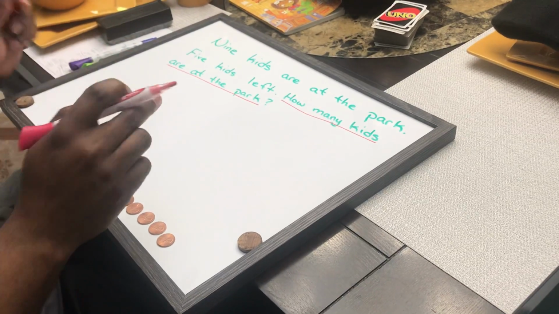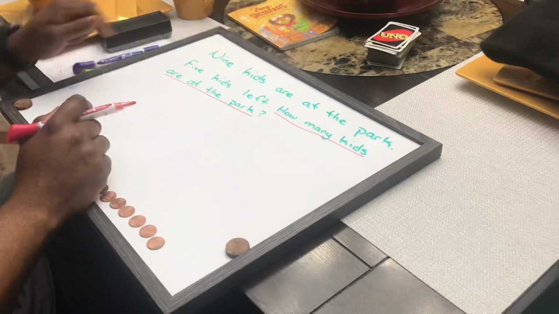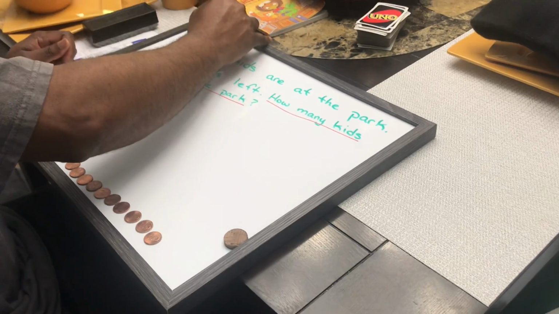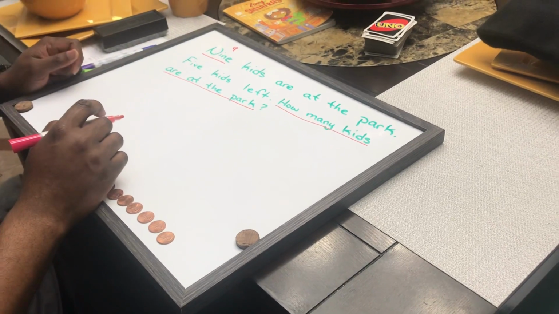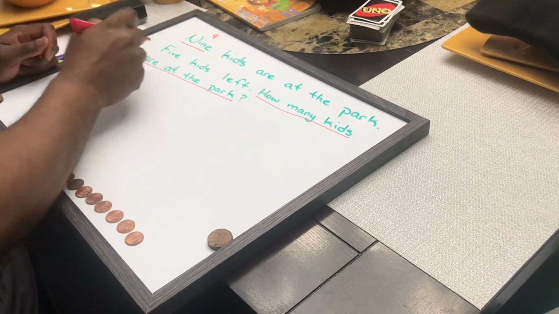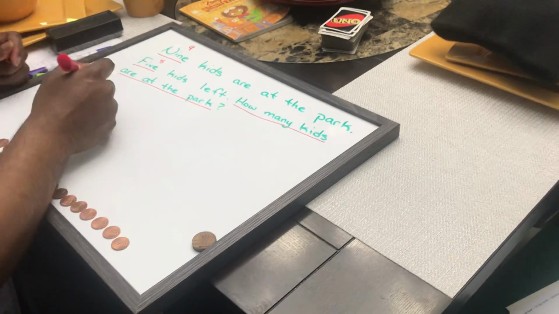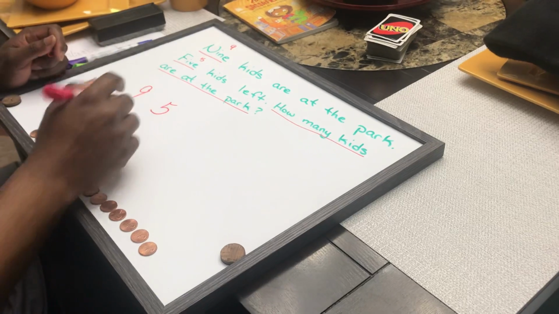So first thing that we do is we look and see what numbers we are talking about. So I know that N-I-N-E spells 9. I'm going to underline that and write the number 9 on top of it. So it says 9 kids are at the park. Then it has 5, F-I-V-E, 5. So we know 9 kids are at the park, and then we have 5 kids.